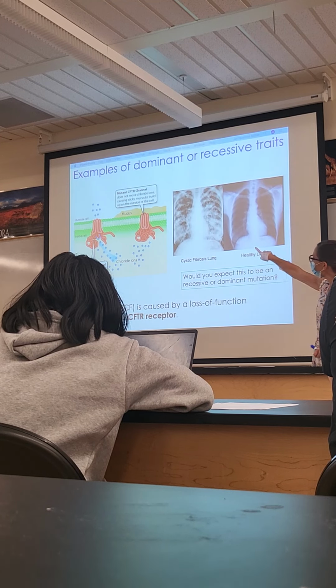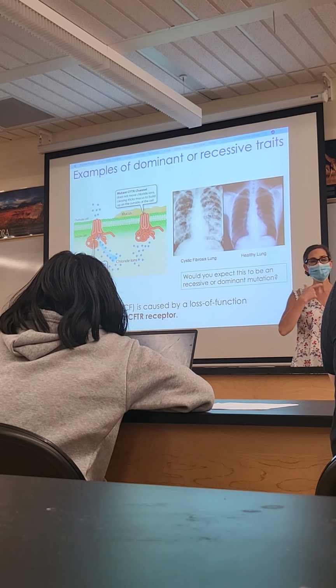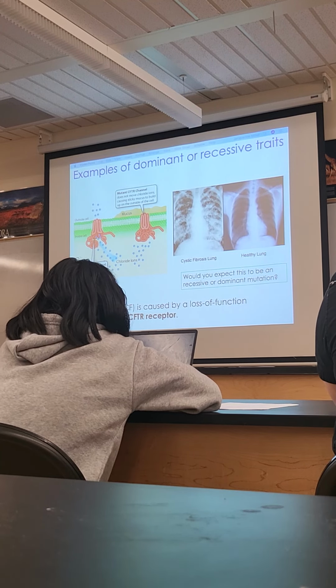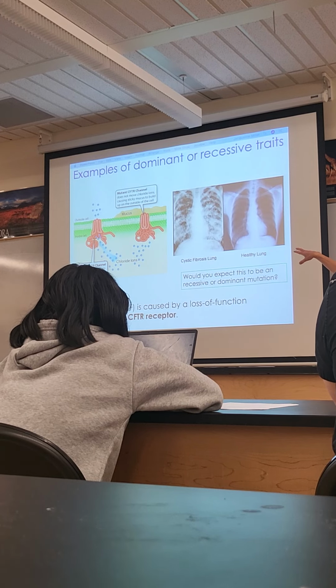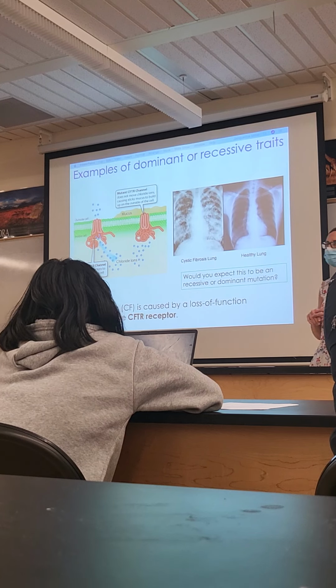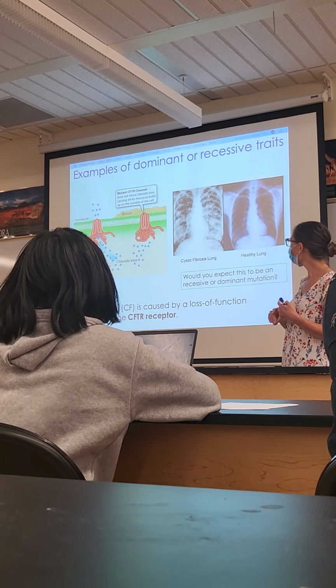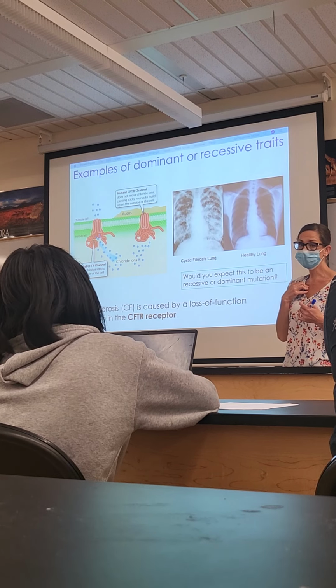But in addition, you see this cloudiness in the lungs. So what can that indicate? Infection, right? Mucus is used to trap bacteria, but if you can't clear the mucus and get rid of it, we have infection. Your explanation is probably well beyond what I know about lung function. But cystic fibrosis patients usually have a hard time breathing, right?